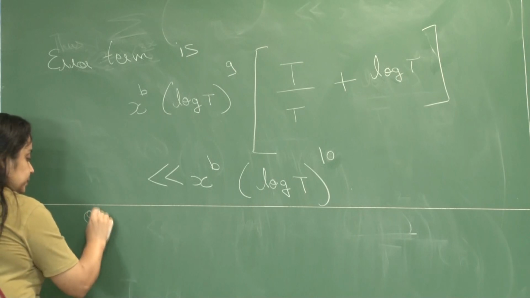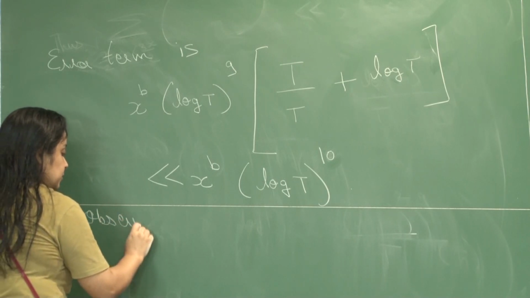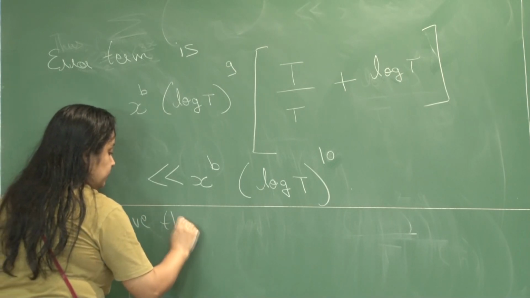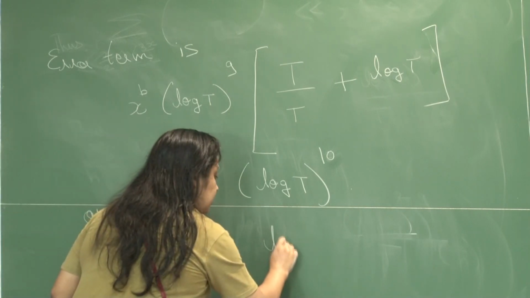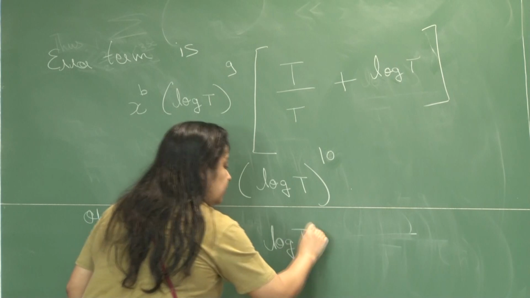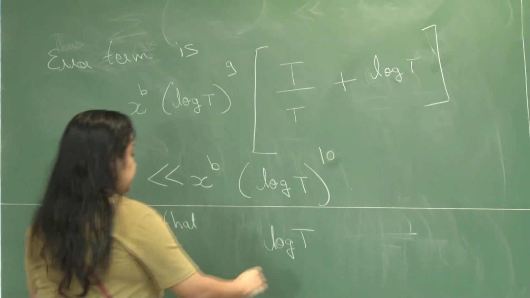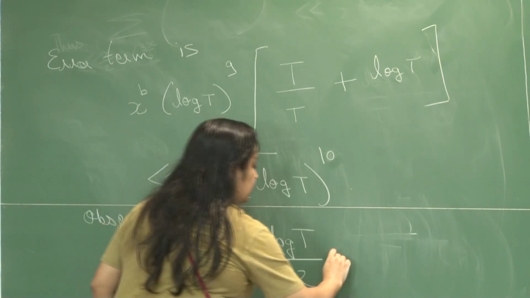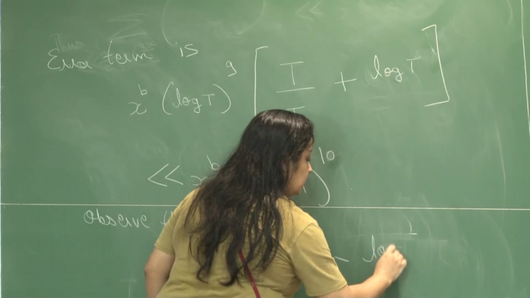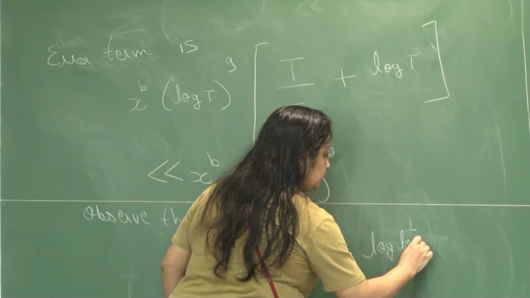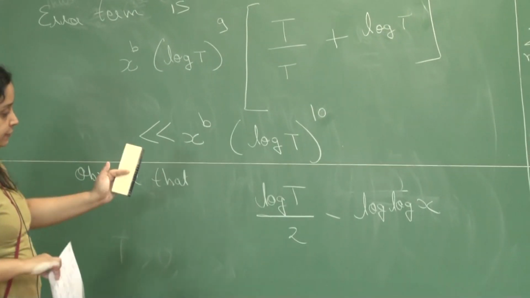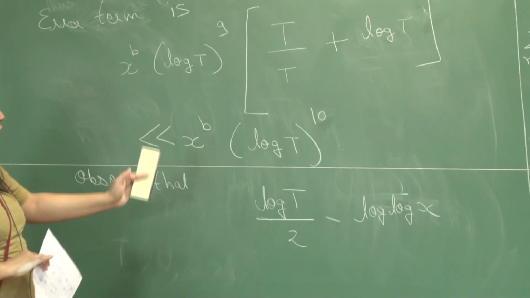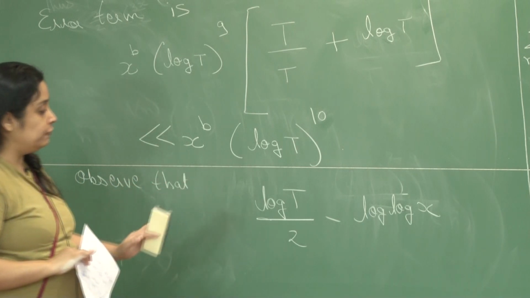Observe. Suppose I write log t over 2 minus log x, where log t is of the form 1/10 of some constant multiple of log x.